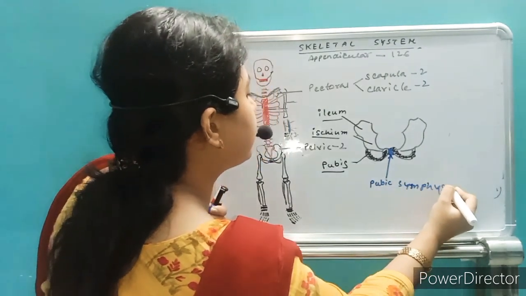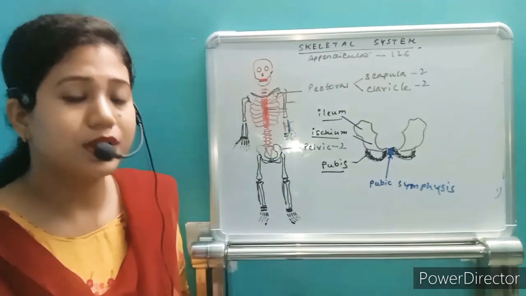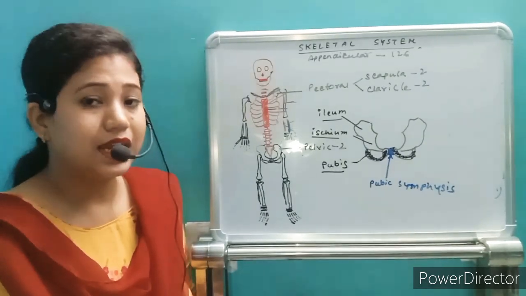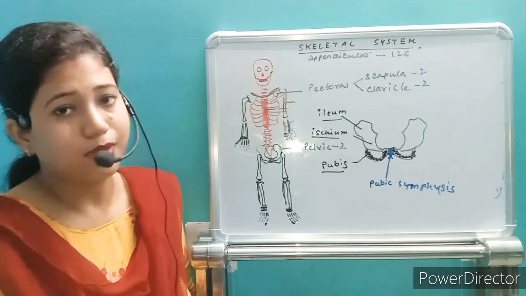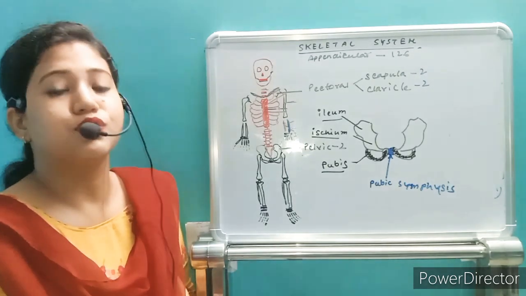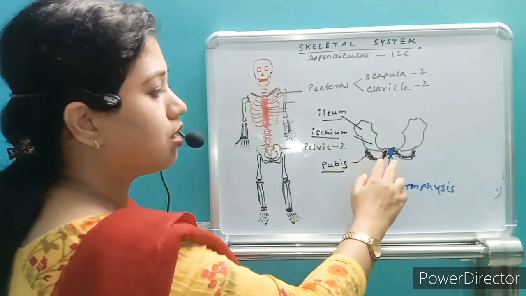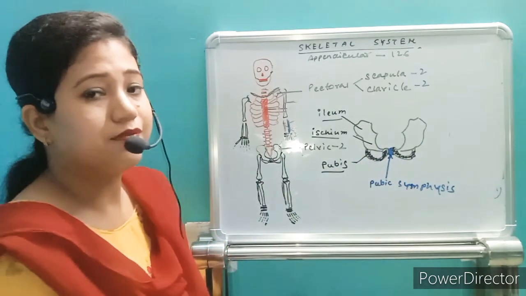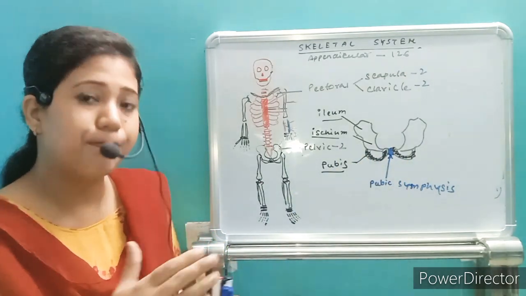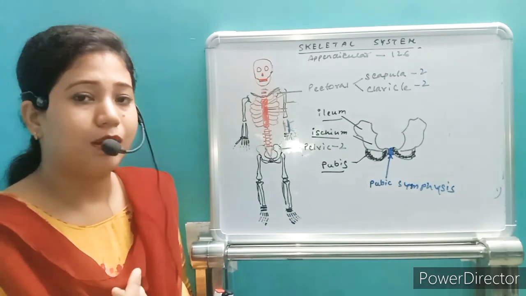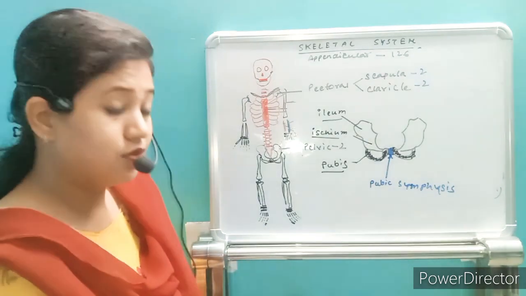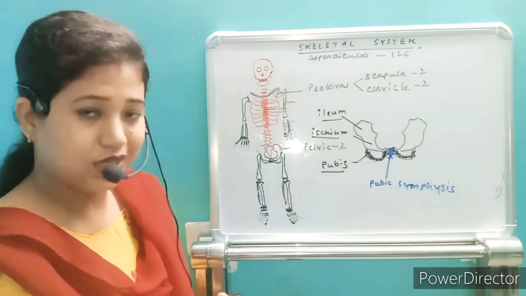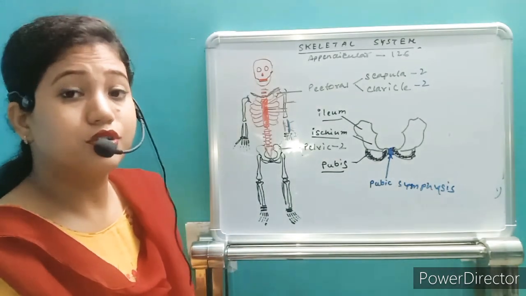The pubic symphysis gets dilated whenever a pregnant lady delivers a baby. During childbirth, these two pelvic girdles get broadened, the pubic symphysis gets dilated, so that the hip parts get broader whenever the mother delivers a baby. So this is the pubic symphysis, white fibrous connective tissue which attaches both the pelvic girdles together.